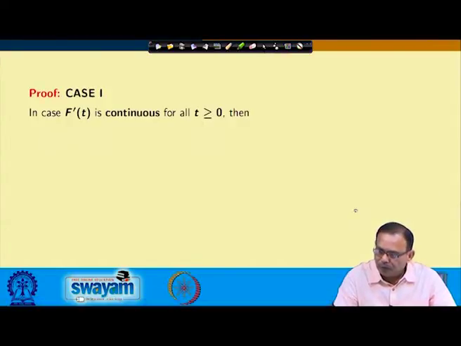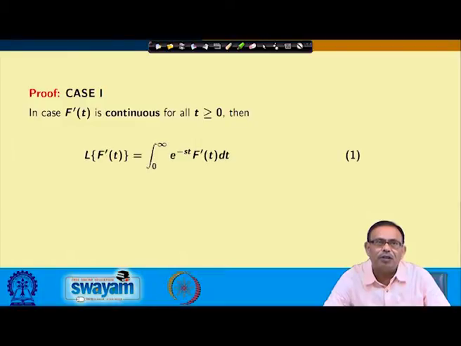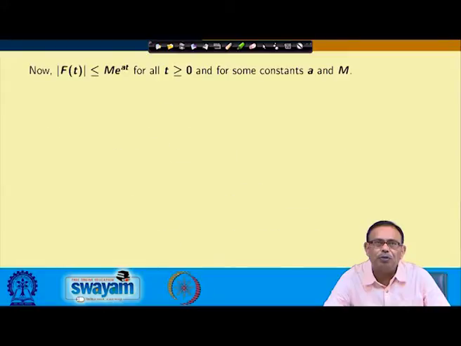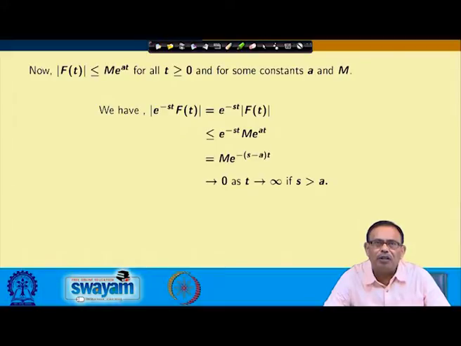Now, come to this one, we have just written like this, whatever I described. You can go through these slides and see it over here. You are getting it, and from here you are saying e power minus s t f t approaches 0.